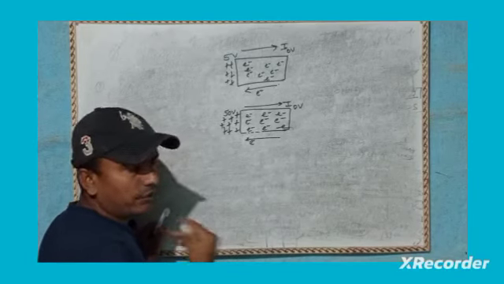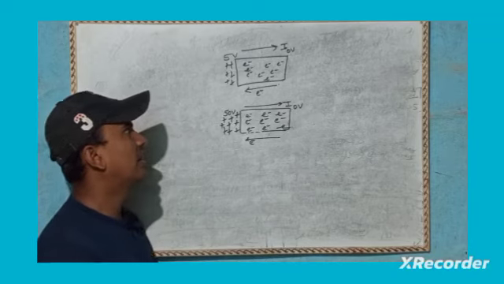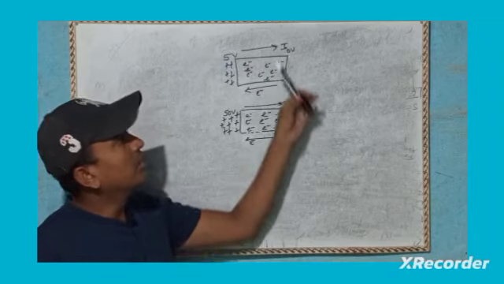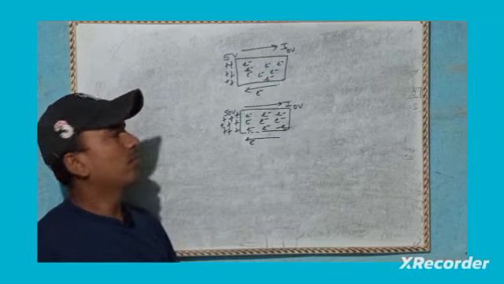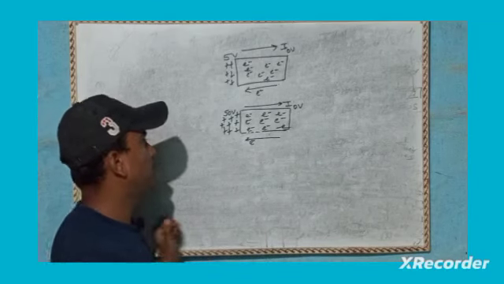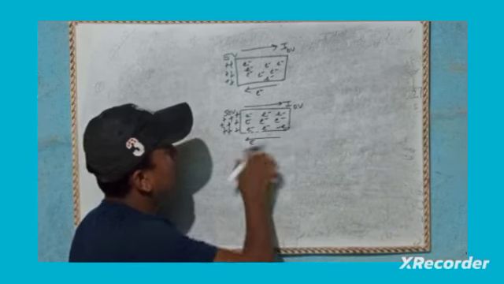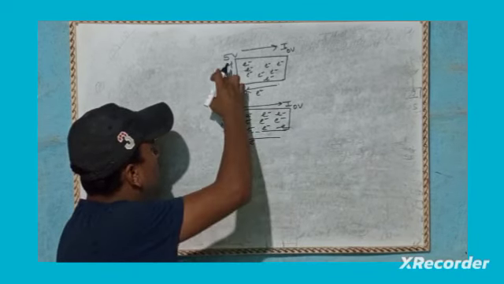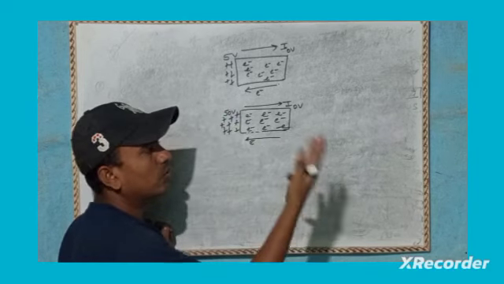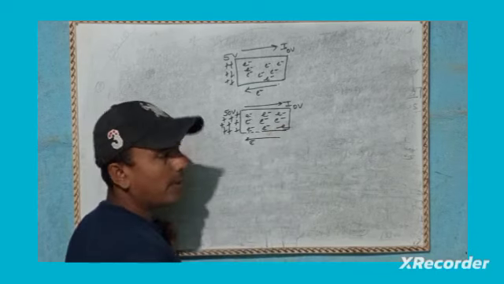When the potential difference across the conductor is 5 volt, I will assume the current flowing is I. But in this case the potential difference is 50 volt. Compared to that, how many times? 10 times. So the current is also increased.